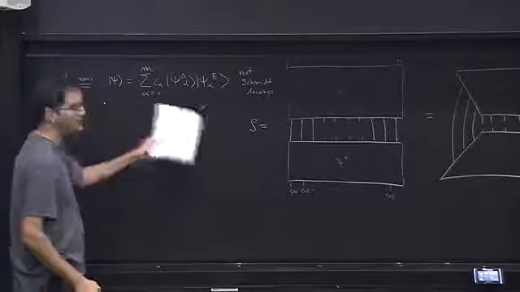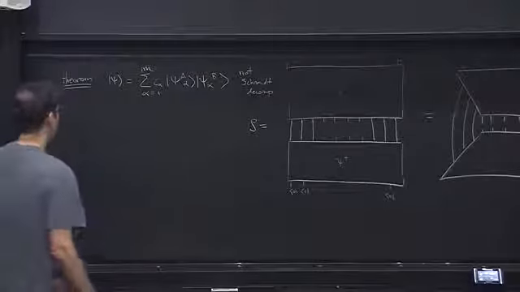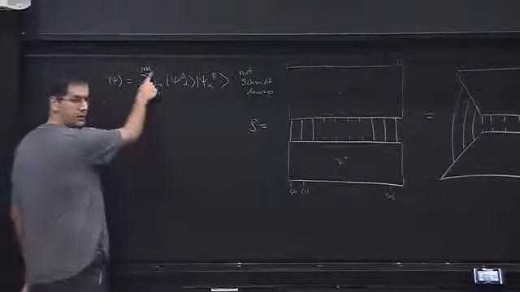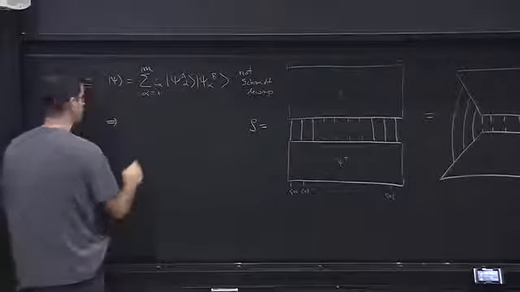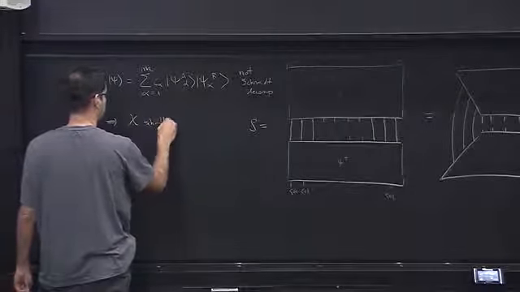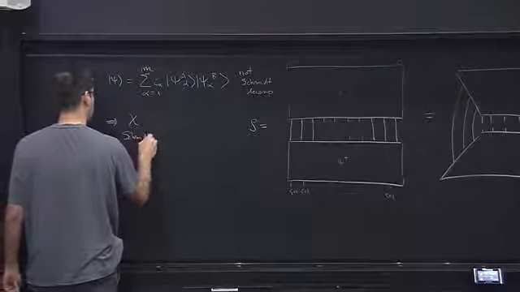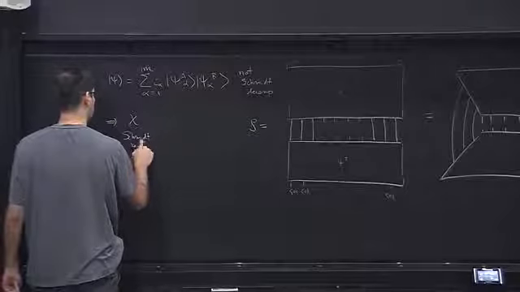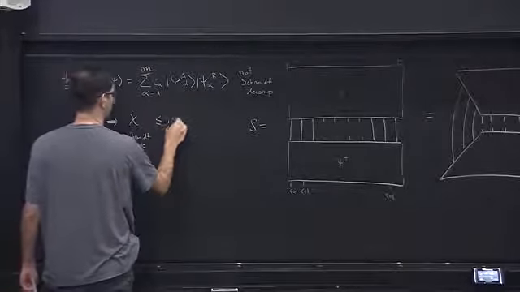Okay, so suppose you have some decomposition of some form of a state, psi, in terms of m terms, okay, then it follows, that's the theorem, it follows that the Schmidt rank is at most m, okay?